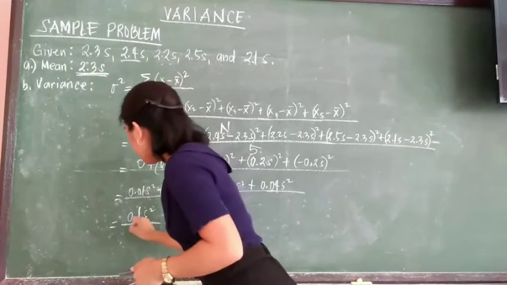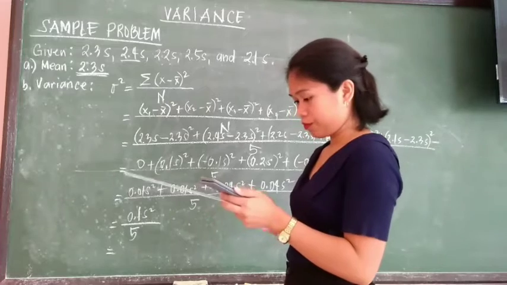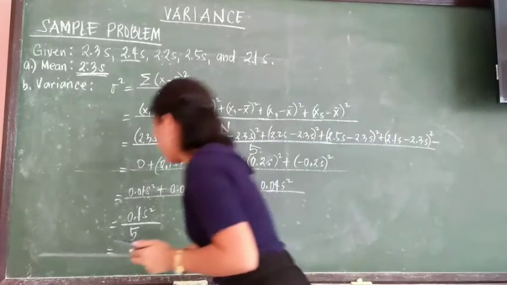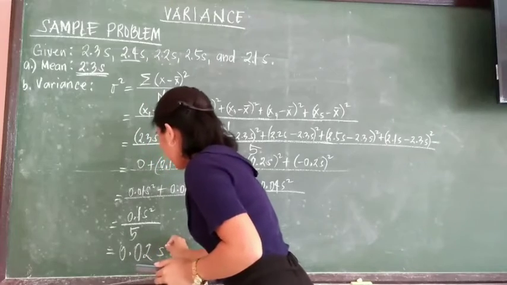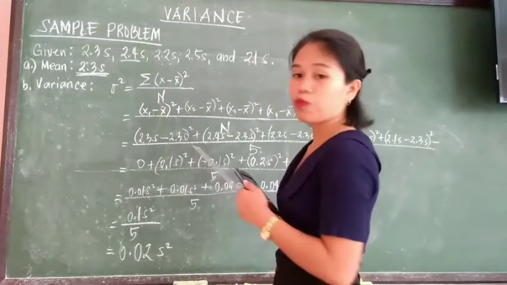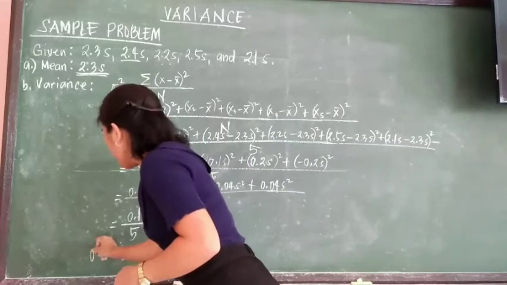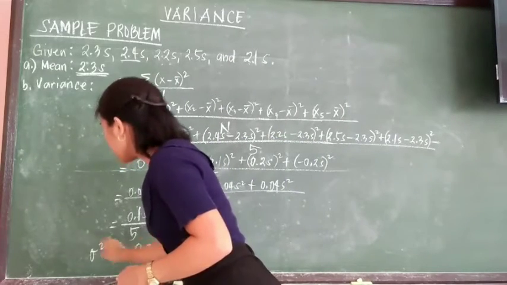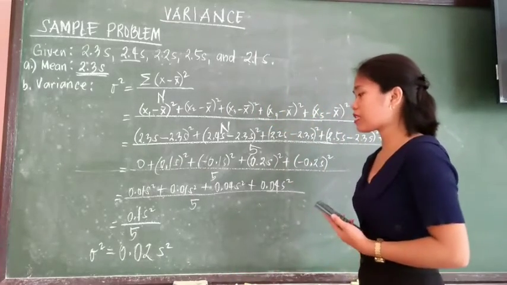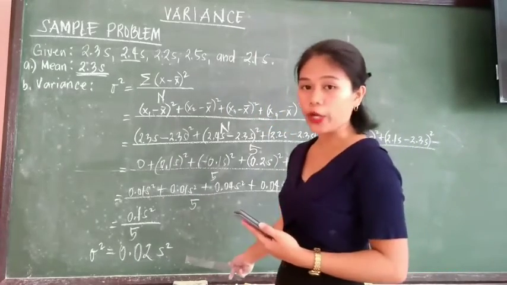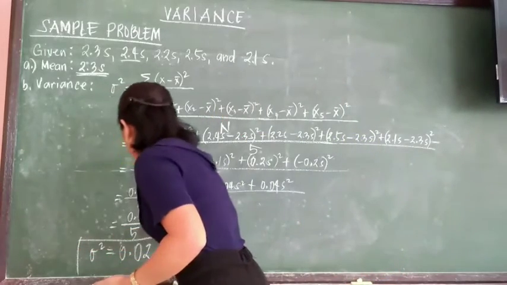Divide that by 5. We have 0.02 second squared, which means sigma squared, or the variance from the measurements taken, is equal to 0.02 seconds squared.